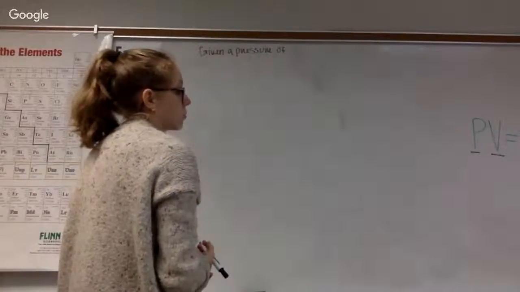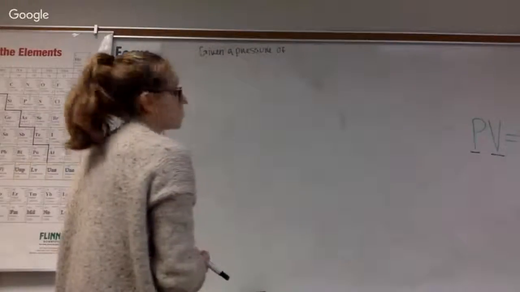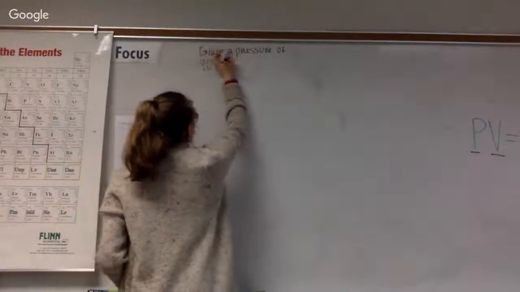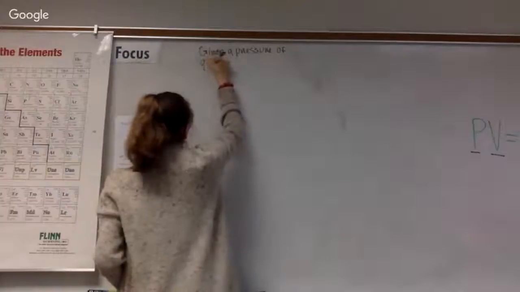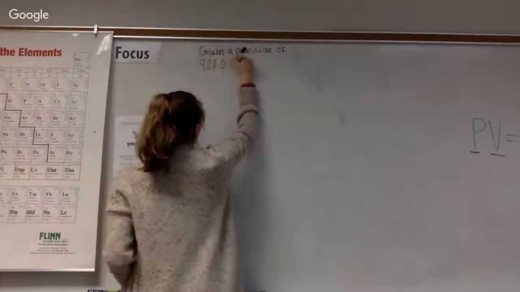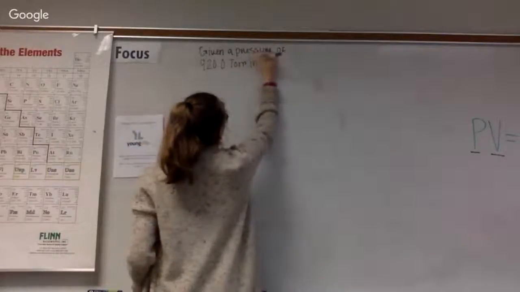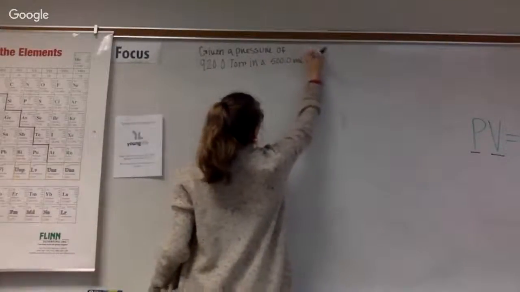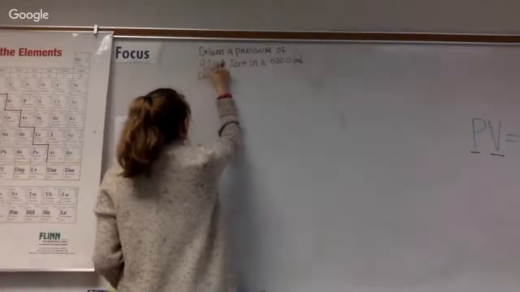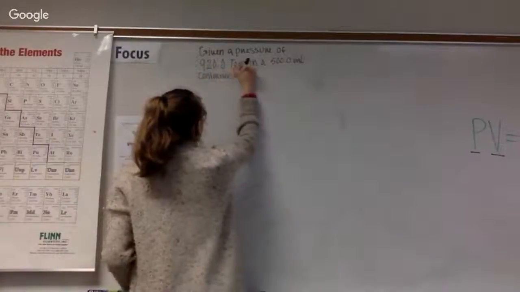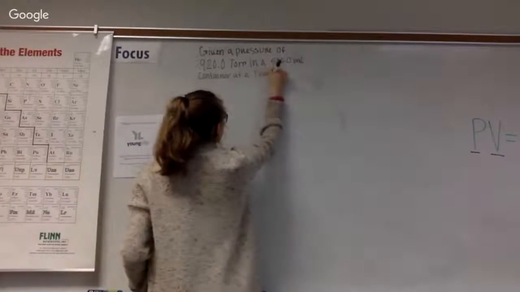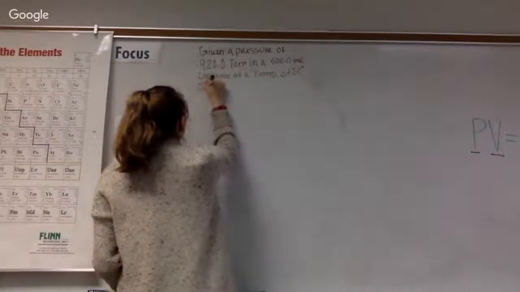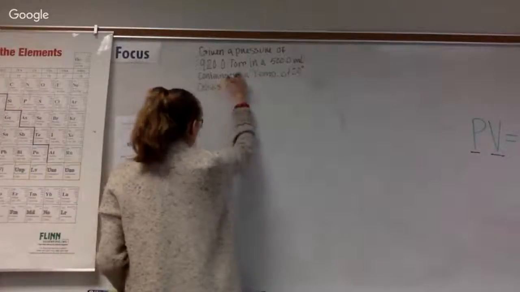I'm going to assume that you understand what the units are for, but in this case here, given a pressure of 920.0 torr, and in a 500.0 milliliter container, at a temperature of 20.0 degrees Celsius, what are the number of moles?